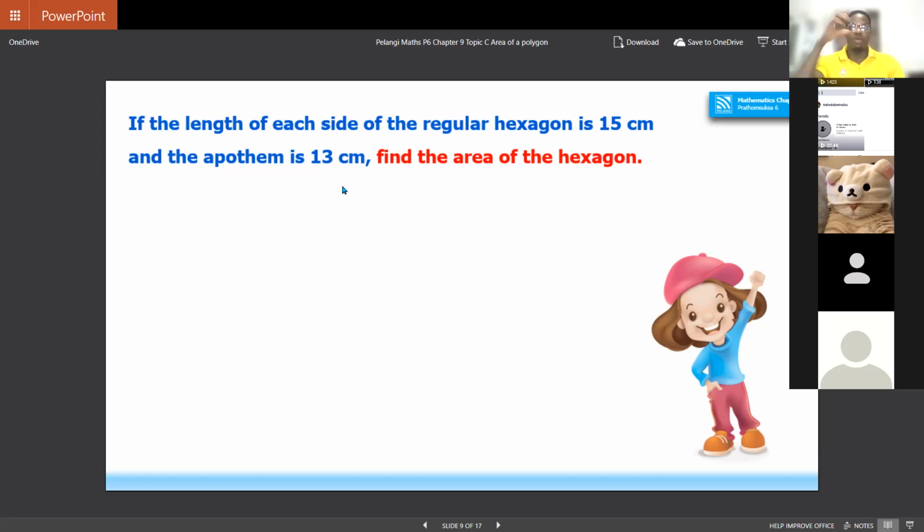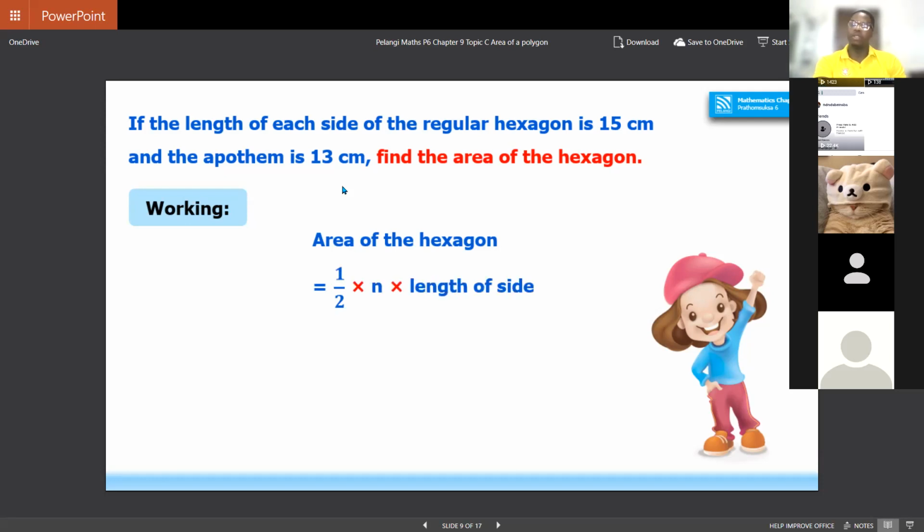So that is how to know which of the formulas to use, formula 1 or formula 2. You have to look at the question given. Once again, it is a hexagon, so n will be equal to 6. A hexagon has 6 sides. So it's 1/2 multiplied by n, multiplied by the length of the side, multiplied by the apothem.